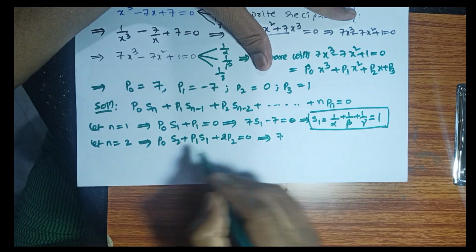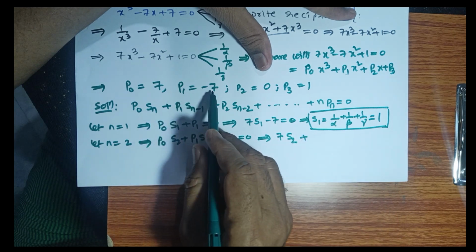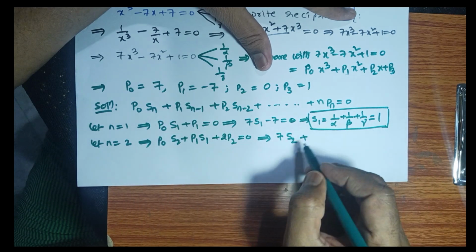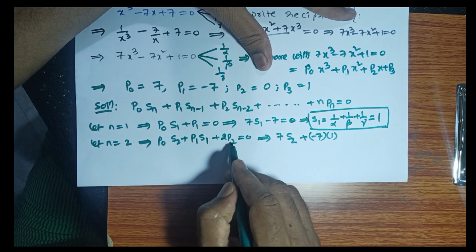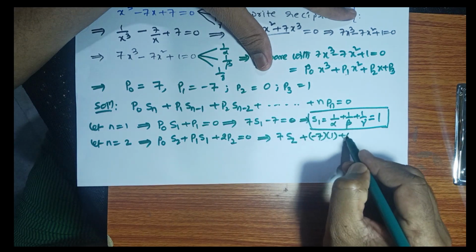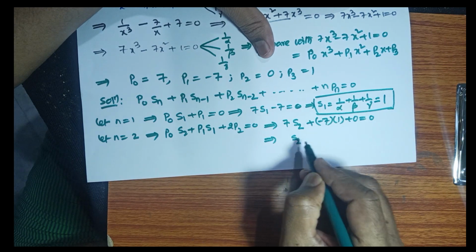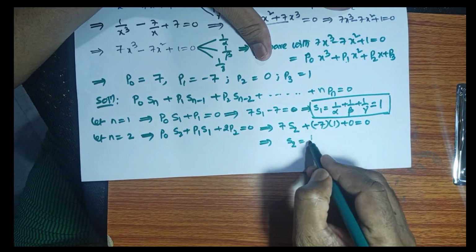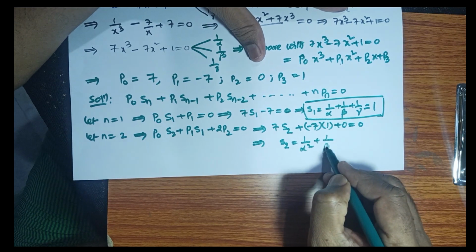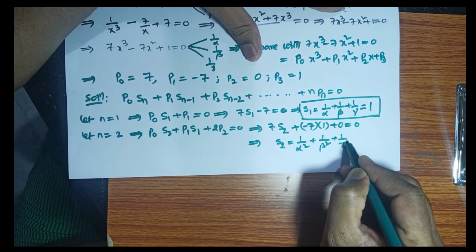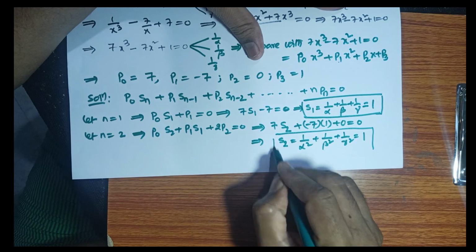P naught is 7, s2, plus p1 is minus 7 and s1 is 1, that is minus 7 into 1, plus 2p2 is 0, plus 0 is equal to 0. So S2, meaning S suffix minus 2, is equal to 1 by alpha square plus 1 by beta square plus 1 by gamma square, and the answer will be 1. So S2 answer also we got.